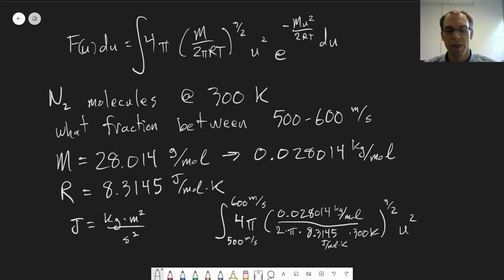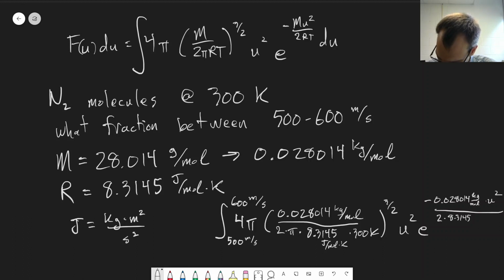This is our variable, so nothing we need to define there. And then we have our exponential term, e to the minus 0.028014 kilograms per mole times u squared divided by 2 times 8.3145, times Kelvin. I'll leave off the units because I'm running out of space here.